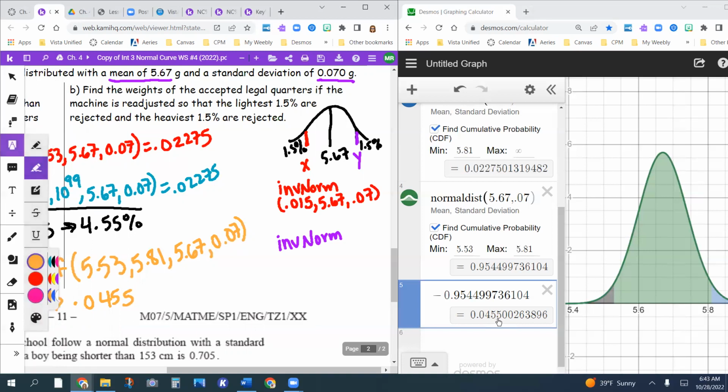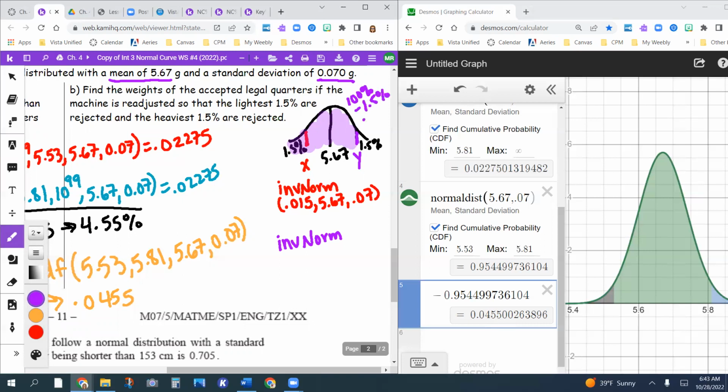Okay, so we want all the way up to here, which is basically going to be 100% minus 1.5%, which is going to be 98.5%. So we're looking for 0.985. So we want 0.985. 5.67 is the mean, and 0.07 is the standard deviation. Okay.